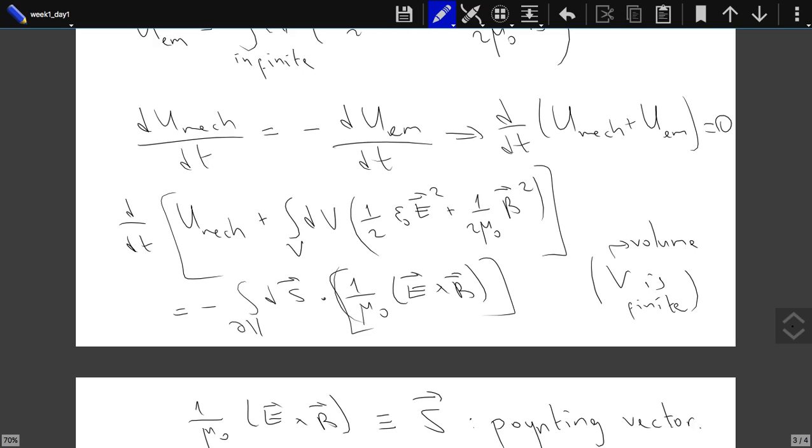It is changing because it is passing through the surface of my volume. So this is what we call the conservation law: the mechanical energy of point masses plus the energy stored in the electromagnetic field is conserved.